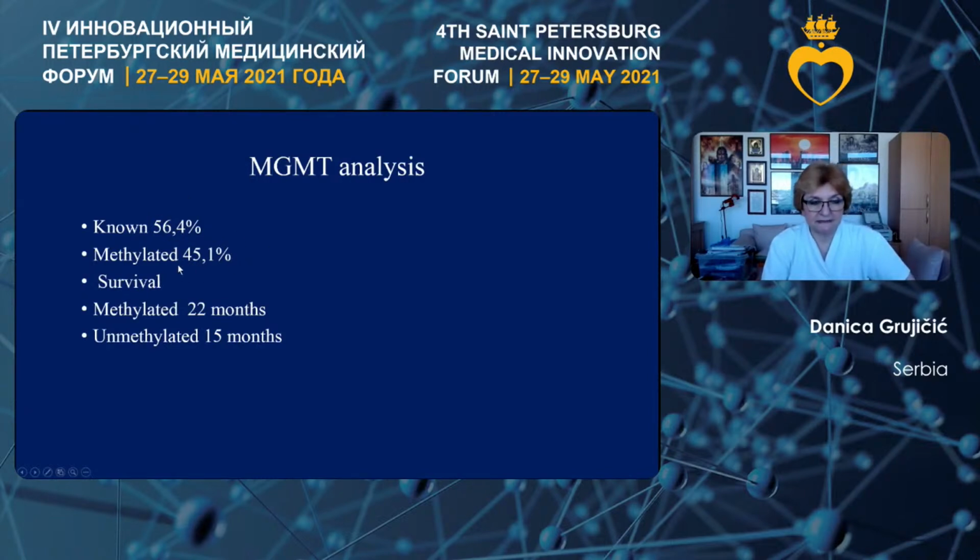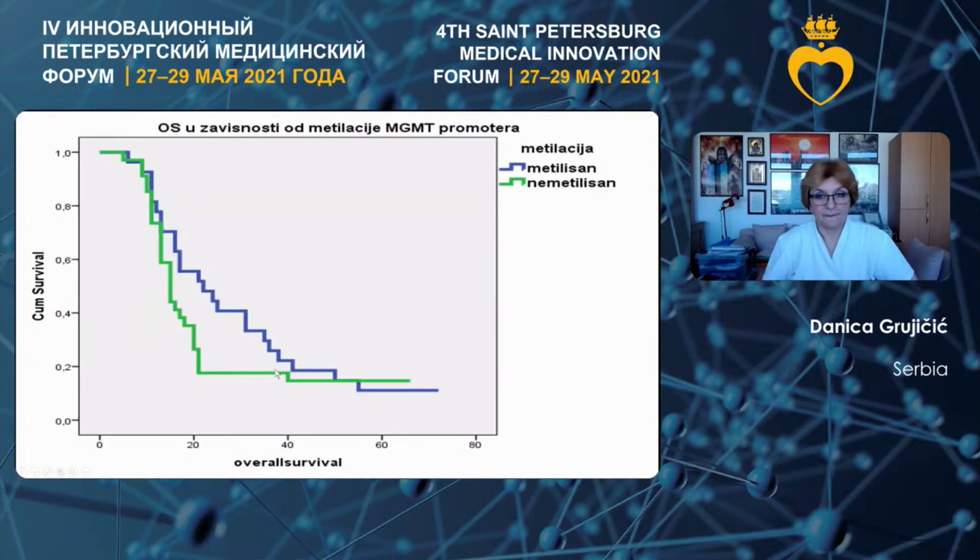MGT was done to 56% of patients. 45% were methylated. That's a bit more than in the other series. The survival rate was better in such patients. Methylated, 22 months, unmethylated, 15 months of survival after the surgery.